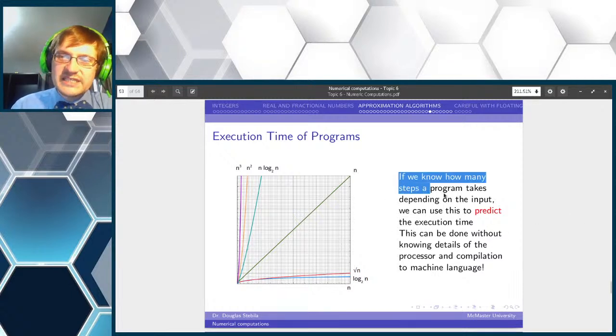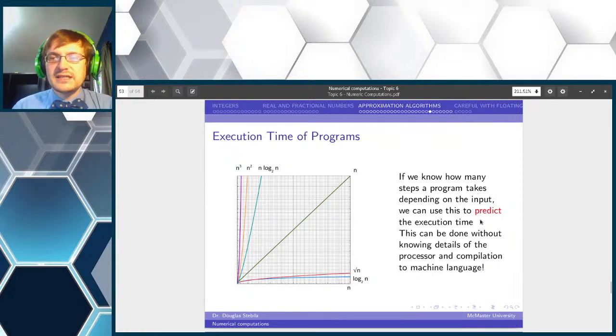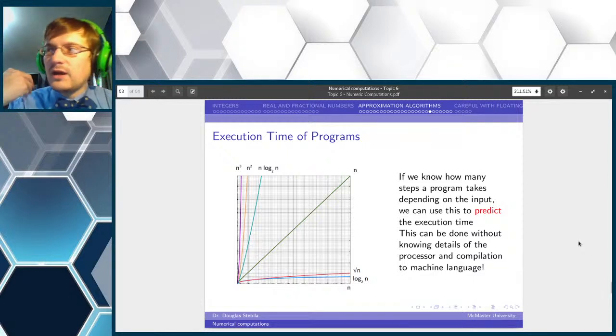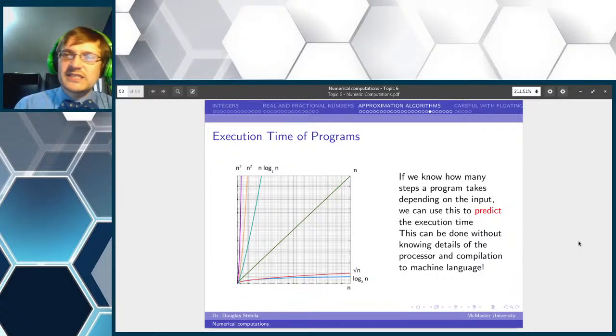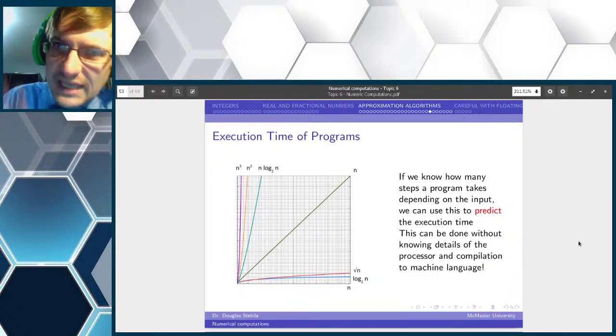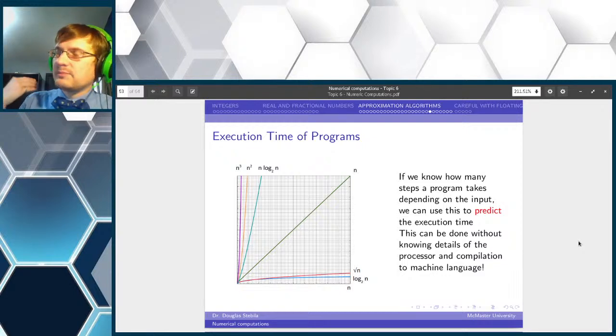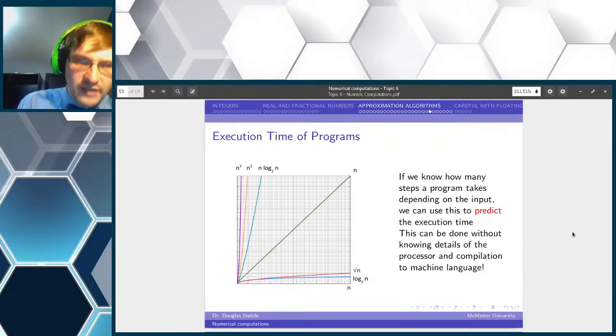So if we know how many steps a program takes depending on the input, we can use this to predict the execution time. This can be done without knowing the details of the processor and compilation to machine language. So again, this is a very theoretical analysis. We're basing this on the structure of the algorithm itself rather than the particulars of the implementation or the operating system.